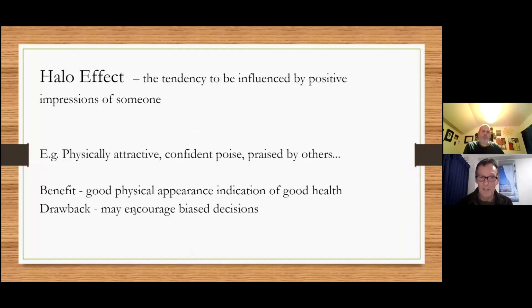But the drawback is that, if the halo effect is in action, that may lead to some kind of biased perspective where that person's opinion is given greater weight than it deserves. So they have both positive sides and negative sides, which makes it very interesting, but also quite complex.